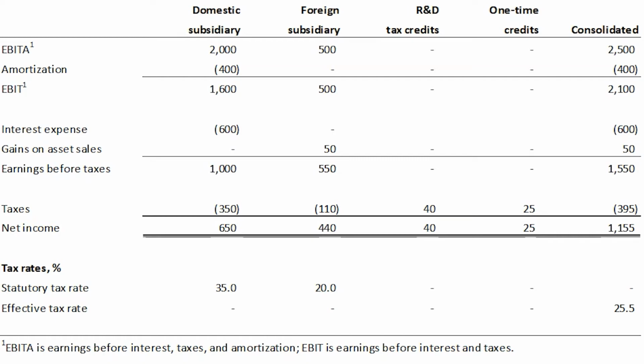You can see the statutory rates down at the bottom, and you can see the effective rate. And notice that the effective rate is in between the statutory rates, because we're paying 20% on some of our income, 35% on some of our income, and we have $65 million in tax credits. Our effective rate is going to be considerably less than the domestic rate, still a little bit higher than the foreign rate, and falling somewhere in the middle.